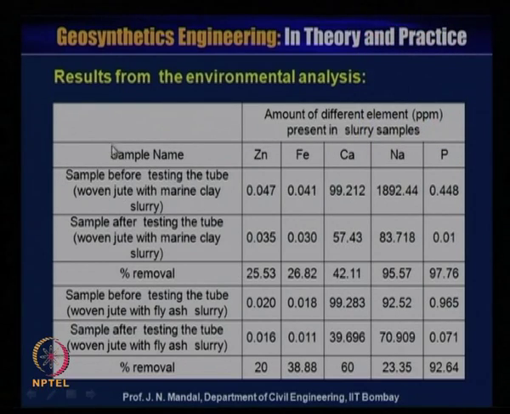So, these are the results from the environmental analysis. This is the amount of the different elements in ppm present in the slurry sample. This is the sample name. The sample before testing, the tube of woven jute with the marine clay.